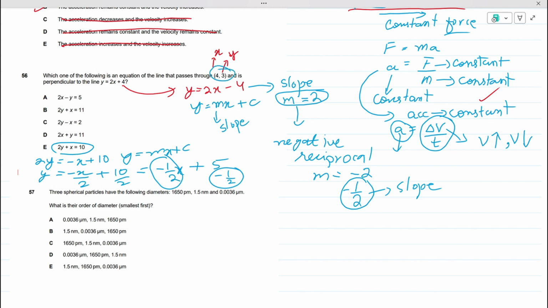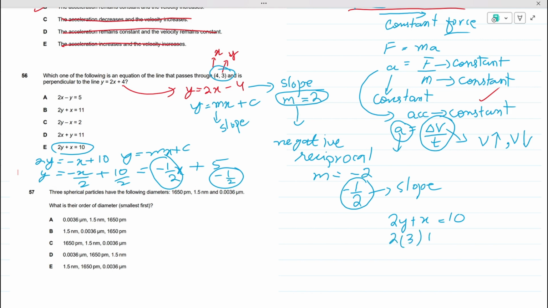Now let's check these two values. Let's put these two values instead of y and x and see if the right-hand side comes out right. The equation is 2y plus x equals 10, and the y value is 3.